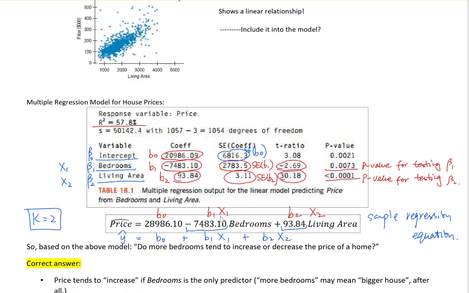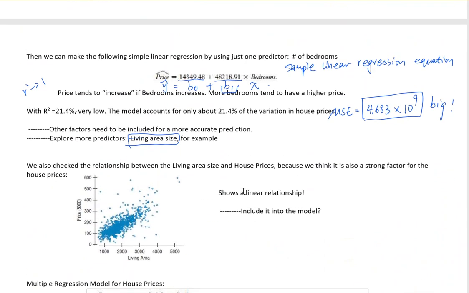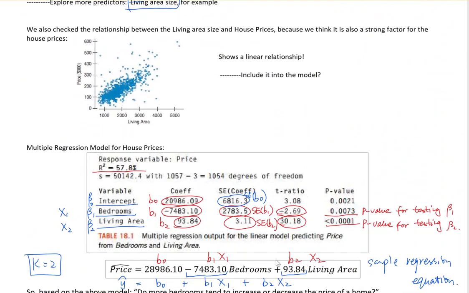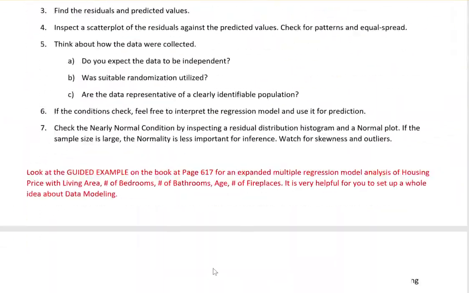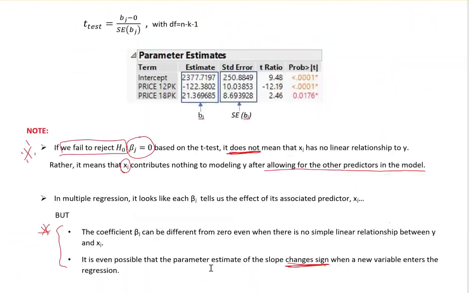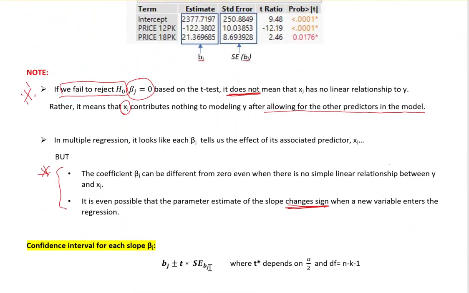So this is a good example that if you add more variables into your regression, the coefficient can even change sign. It can stay the same, but it is also possible to change its sign. So this is the second note you need to be careful about to understand what's going on.